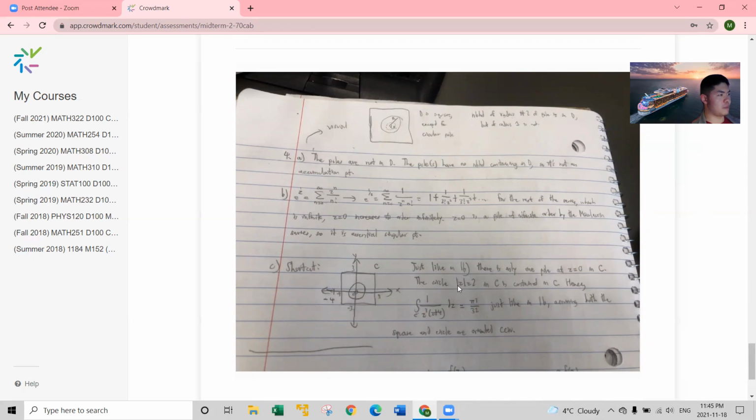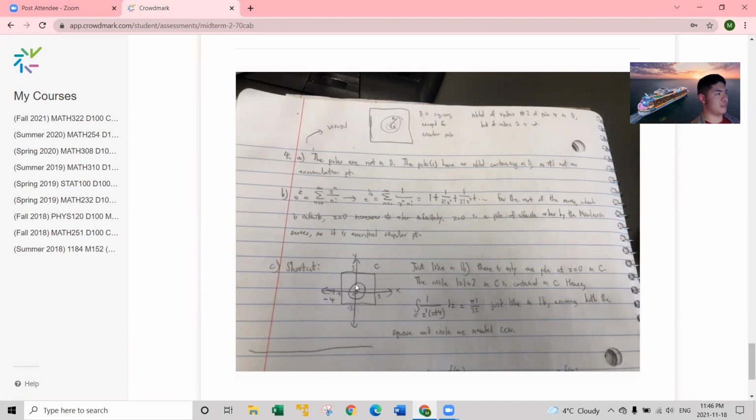Since the circle absolute value of z equals 2 is contained in C, this is still pi i over 32. So there's a theorem that I learned. If you have a pole contained in this figure, and this pole is also contained in the bigger figure, the value of the integral for both figures is going to be the same, assuming they're traversed counterclockwise.